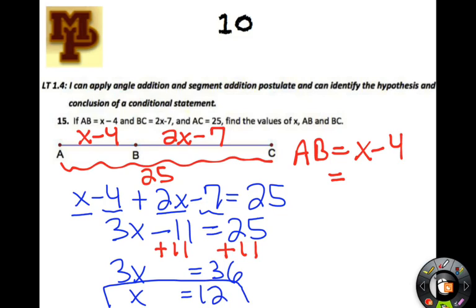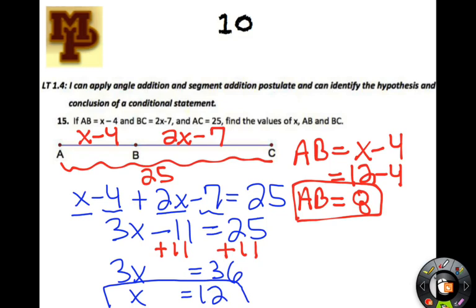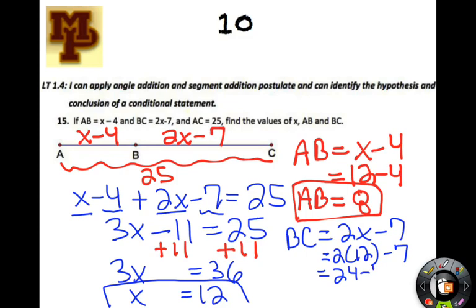So we plug that x value in: 12 minus 4, so AB is 8. And then BC was 2x minus 7. So that would be 2 times 12 minus 7, 24 minus 7, which is 17, yeah?